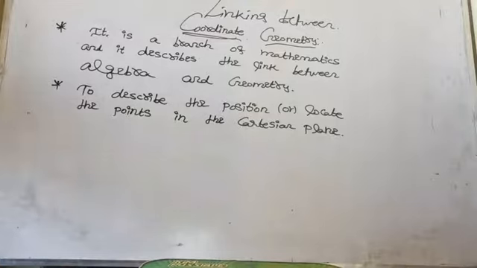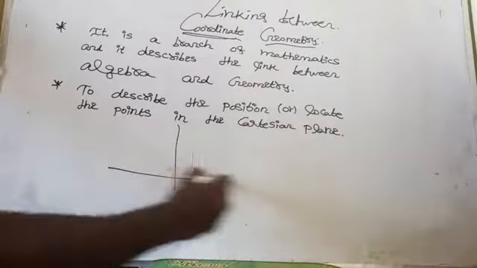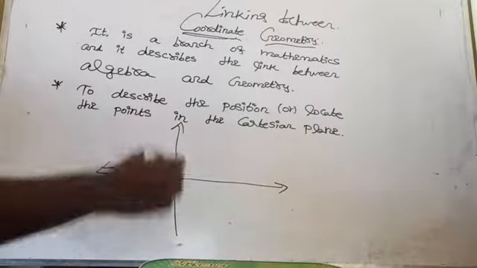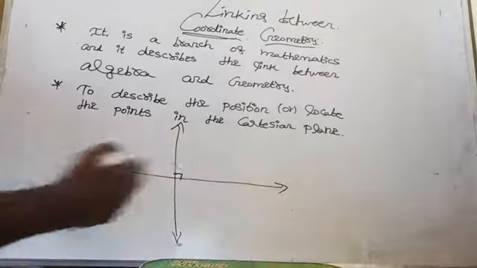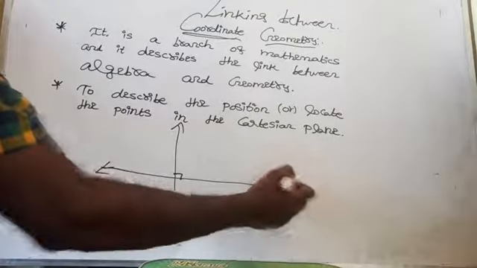Then what is meant by Cartesian plane? Tell me. The Cartesian plane, or coordinate system, is formed by two lines perpendicular to each other. One is called what? X-axis.